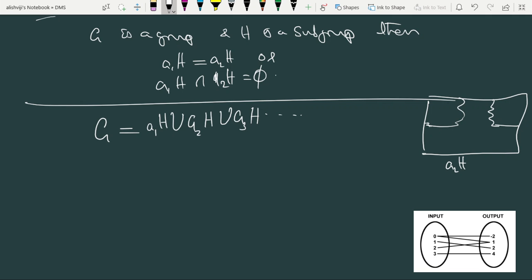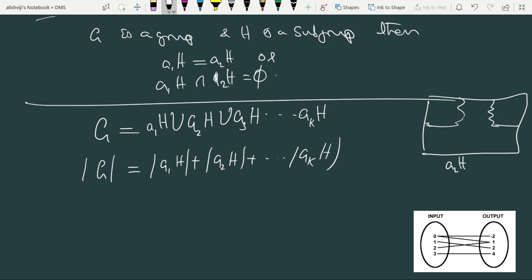It will end at some particular stage, AKH. So G can be written as the union of a finite number of left cosets. And if you consider the number of elements in G, the order of G is equal to the number of elements in A1H plus the number of elements in A2H plus etc., plus the number of elements in AKH.